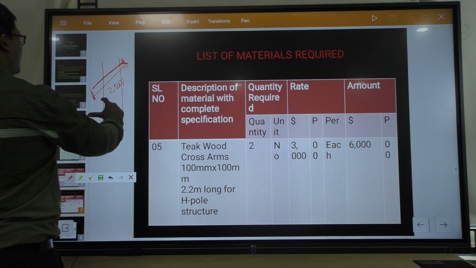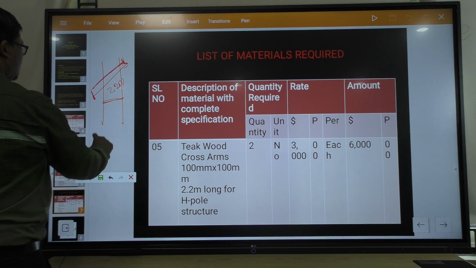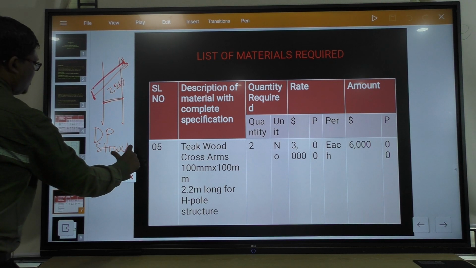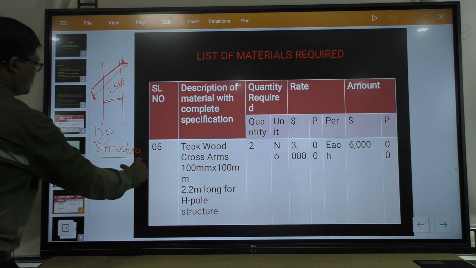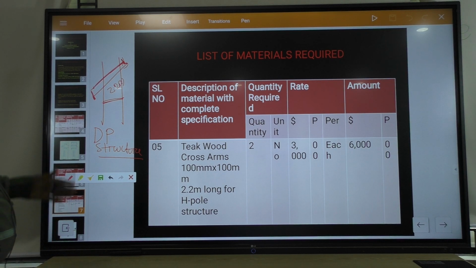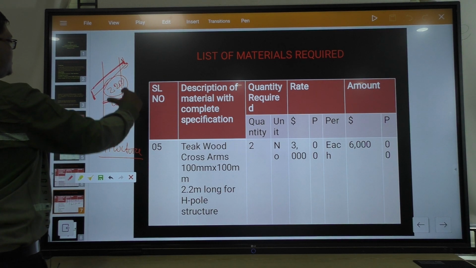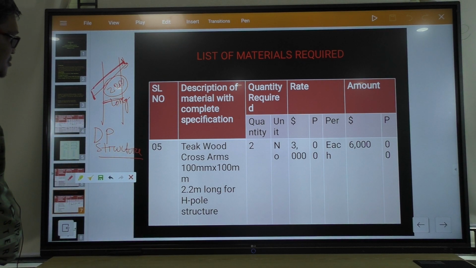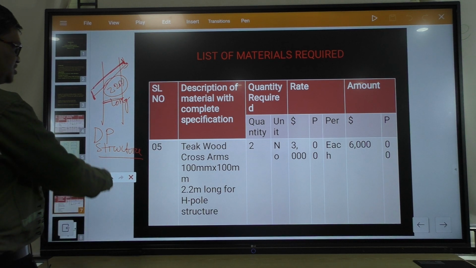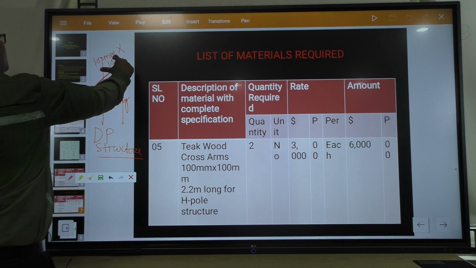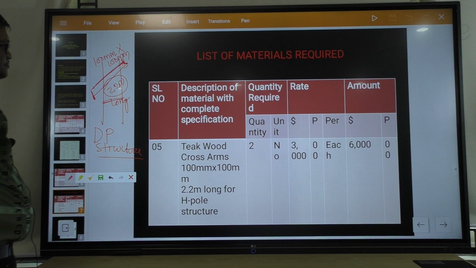It is required for the H pole structure, that is the double pole structure, for two double poles, that is one dead end and another the tapping point.